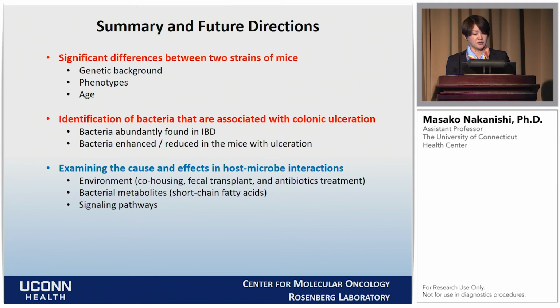And we are also planning to do fecal transplant to supply back those bacteria that are missing in strain B, and also the antibiotic treatment experiments to see if the microbiome is really affecting the inflammatory phenotype in these mice. And most importantly, we wanted to see the levels of bacterial metabolites in the system so that we can see how they're affecting signaling pathways, which may explain why these mice are having inflammation.